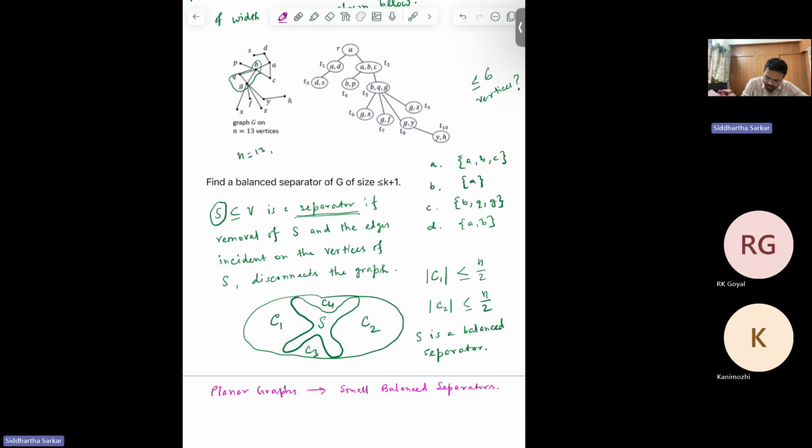If there is a planar graph G with n nodes, then there exists an order root n sized balanced separator. That can be exploited in many algorithms, and has been exploited already.